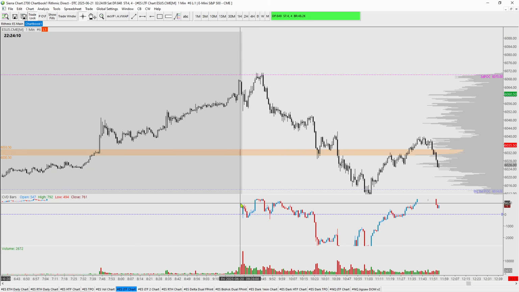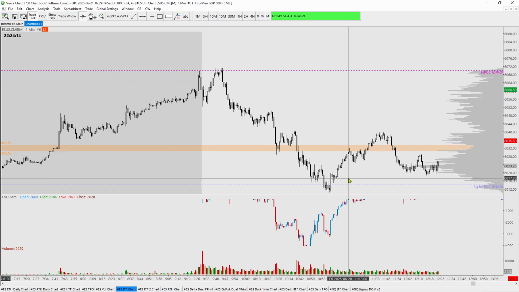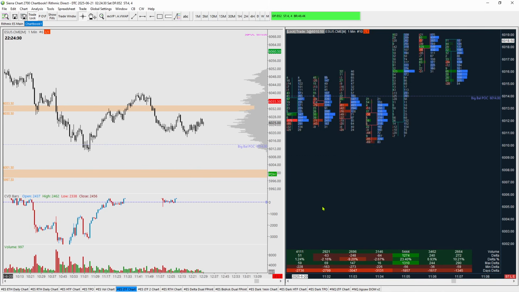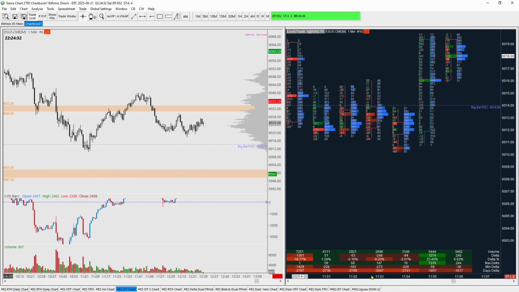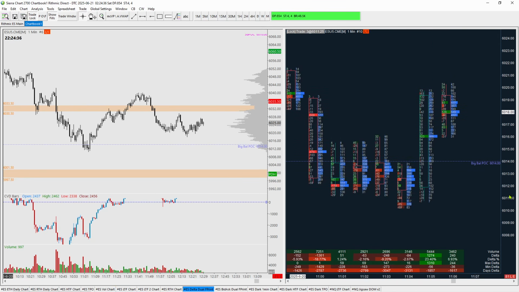Let me look at the other one. It's right there. See, this doesn't give you as much information as the footprint does. Why don't I put them side by side so you guys can take a closer look? Let's zoom that out a little bit. Make it look like that.